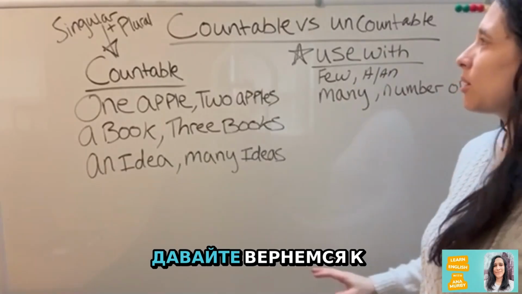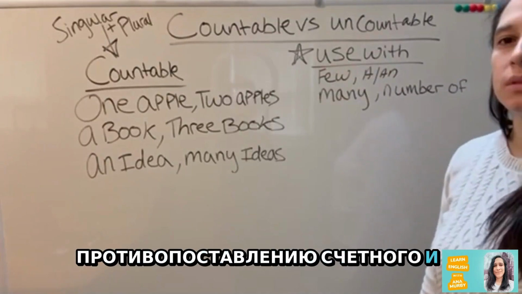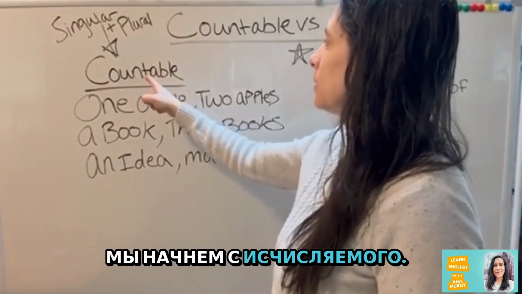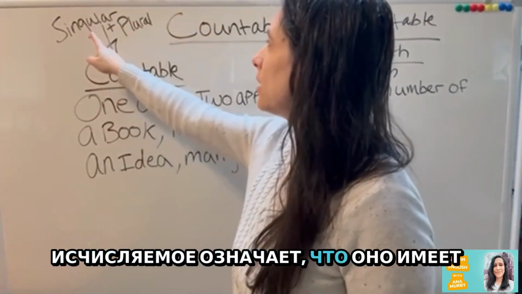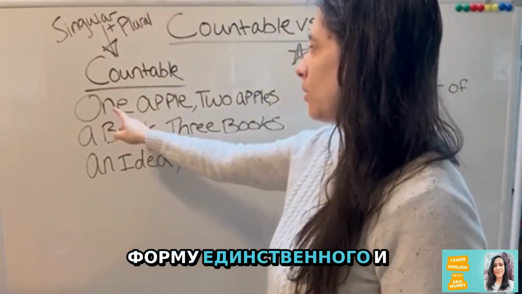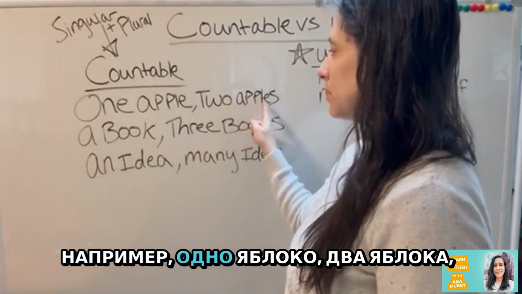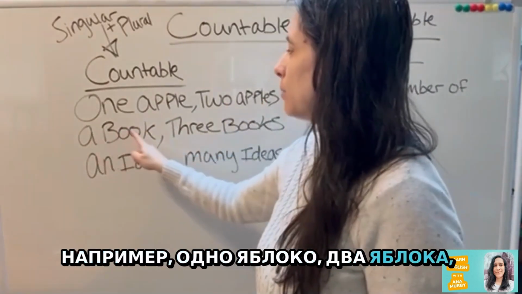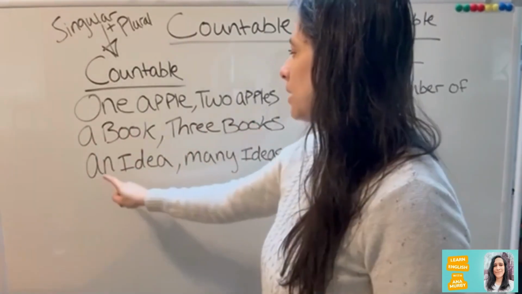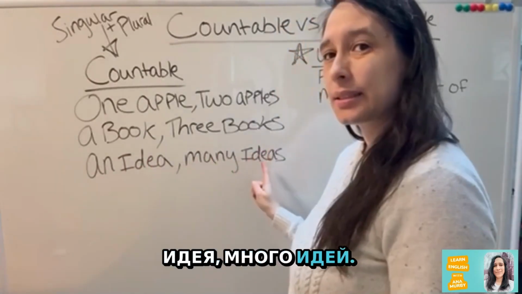All right, let's go back to countable versus uncountable. We're going to start with countable. Countable means it has singular and plural forms. For example, 1 apple, 2 apples, a book, 3 books, an idea, many ideas.